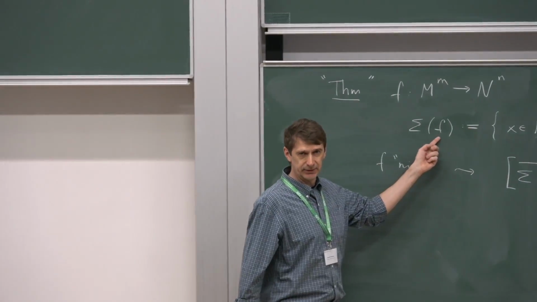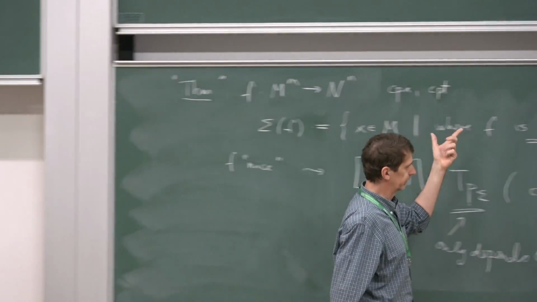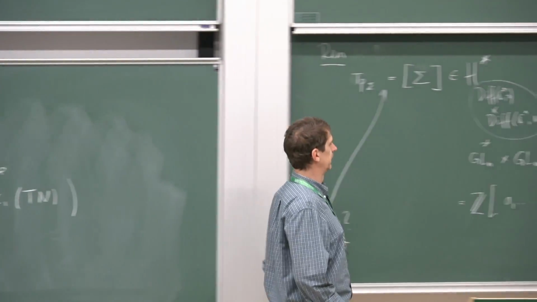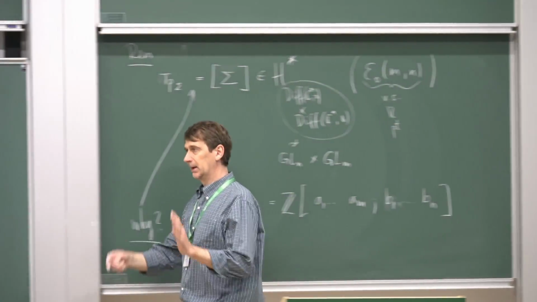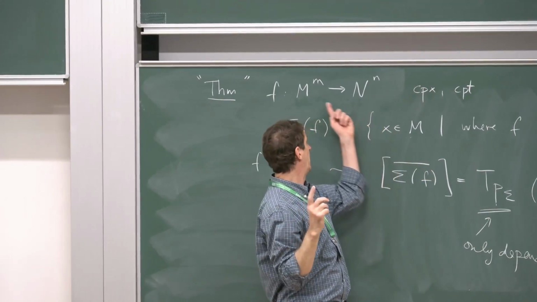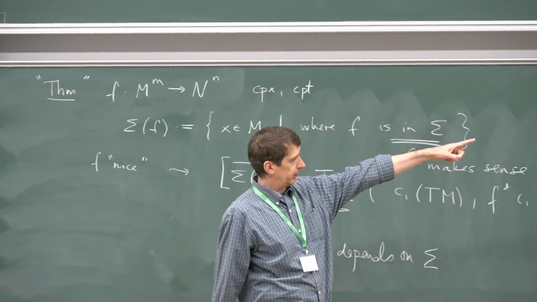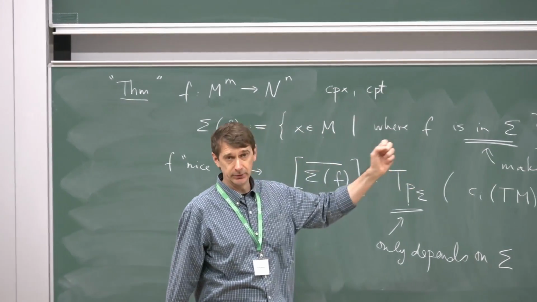And not only do we have this bundle, it's also clear that its structure group is exactly this group. So whenever you have such a situation, there is a bundle over M with fiber epsilon 0 and structure group that group.